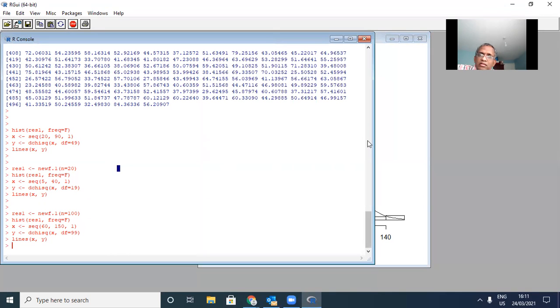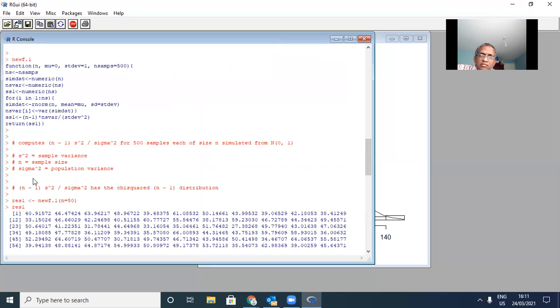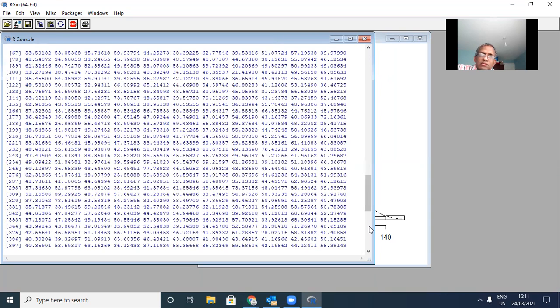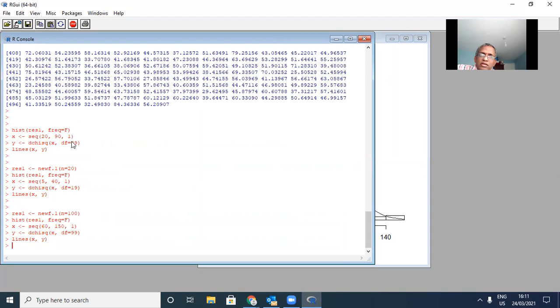According to the theory, this statistic must have a chi-square distribution with n minus 1 degrees of freedom. So if you choose n to be 50, the degree of freedom must be 49. If you choose n to be 20, the degree of freedom should be 19. And if you choose n to be 100, the degree of freedom should be 99, and so on.